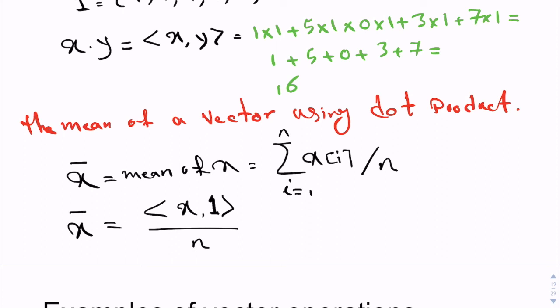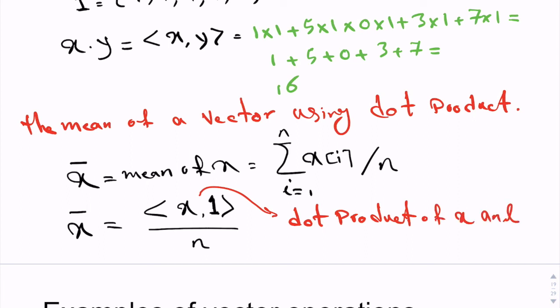So this is the dot product of x and the ones vector, divided by n.